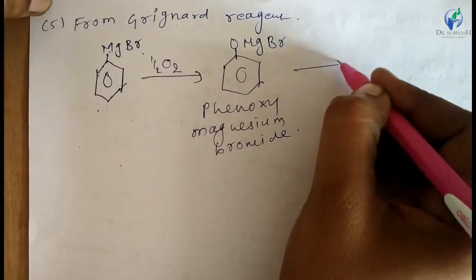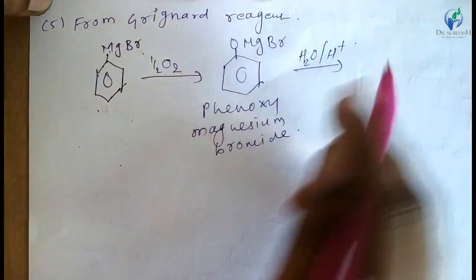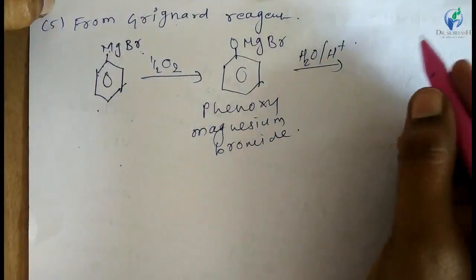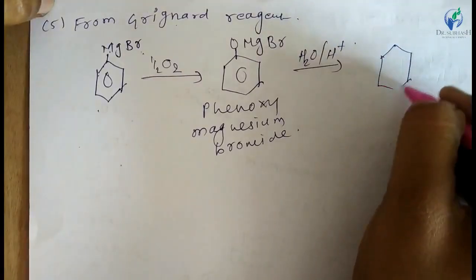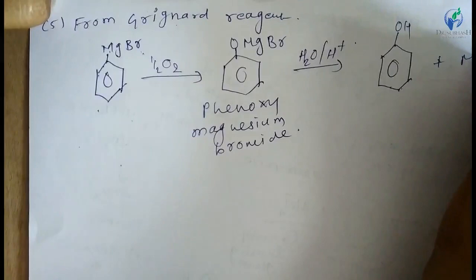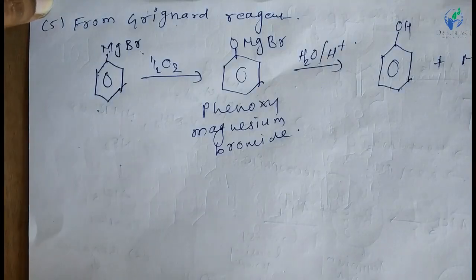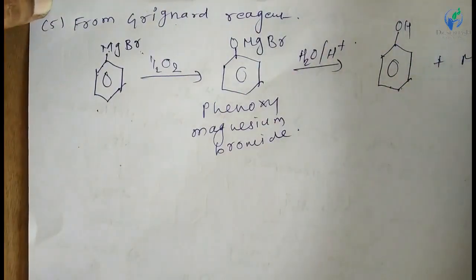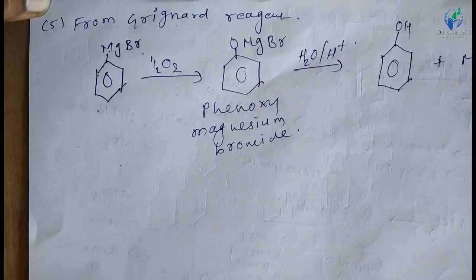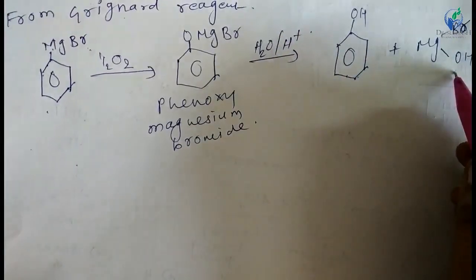Then on acid hydrolysis, this phenoxy magnesium bromide is converted into phenol and hydroxy magnesium bromide, right, or magnesium hydroxide bromide, or you can say bromo magnesium hydroxide or hydroxy magnesium bromide. That is the side product, right, MgBrOH.